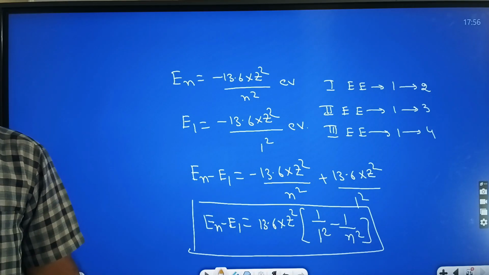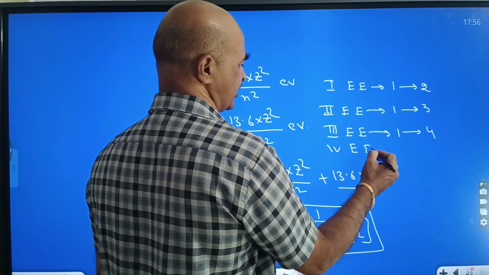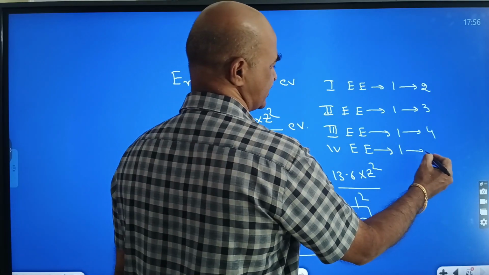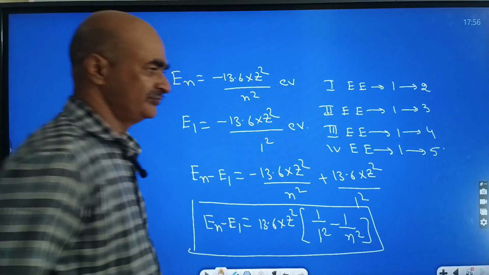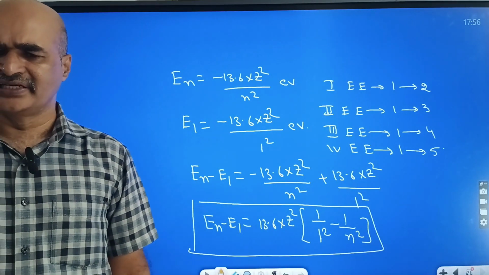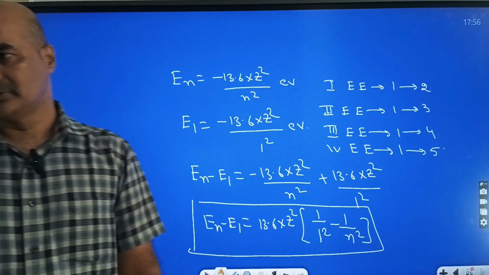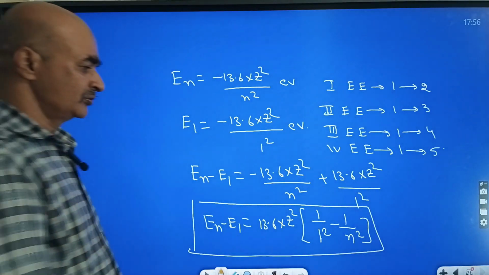Fourth excitation energy is the electron excited from 1 to 5. Okay, find the second excitation energy of Li2+. You understand?